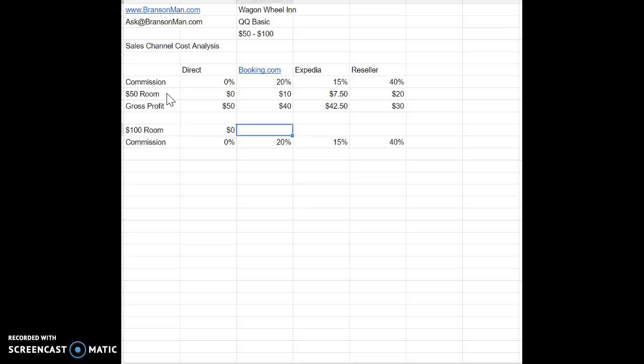If we're selling it direct, it's $0 taken out. 20% of $100 is $20. 15% of $100 is $15. Nice, easy math. 40%. Remember, that $20 fee ends up being 40% of that lesser amount. But it is still $20. So $20 is still $20.